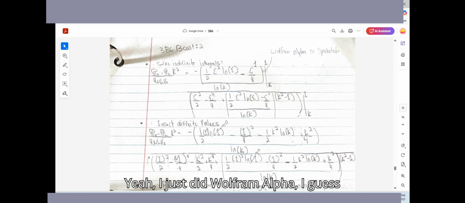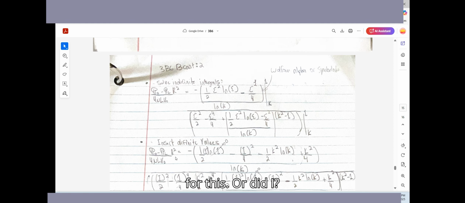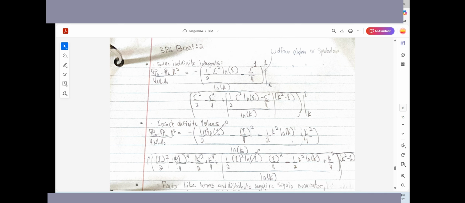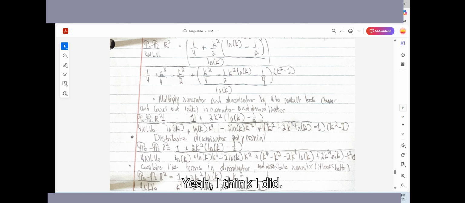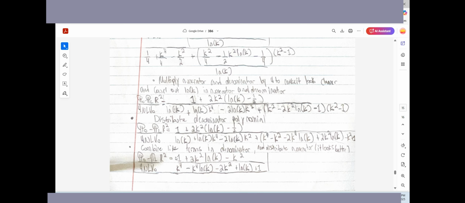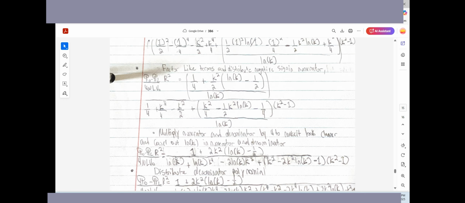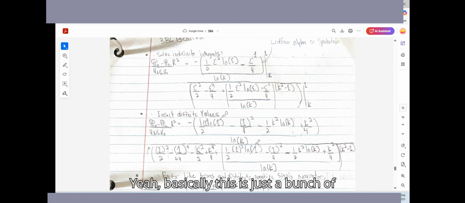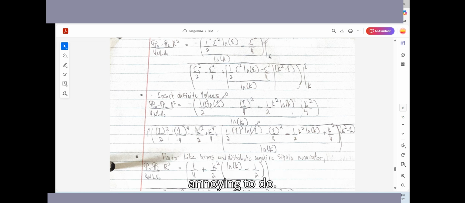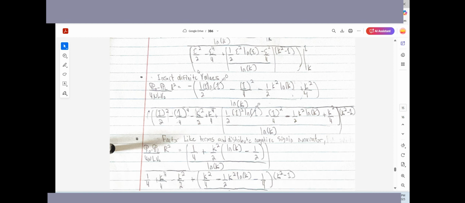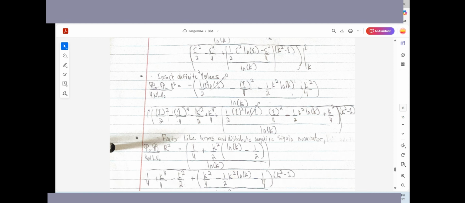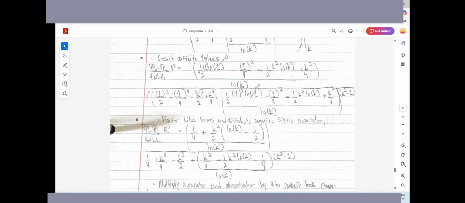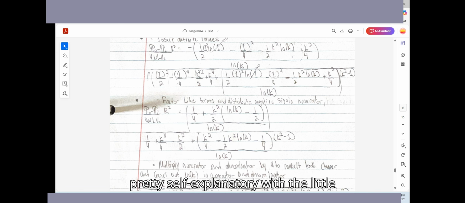I just did Wolfram Alpha, I guess, for this. Basically, this is just a bunch of simplification that's really annoying to do. You can look at that. It's pretty self-explanatory with the little notes that I did.